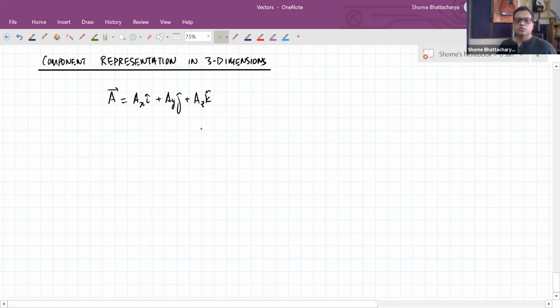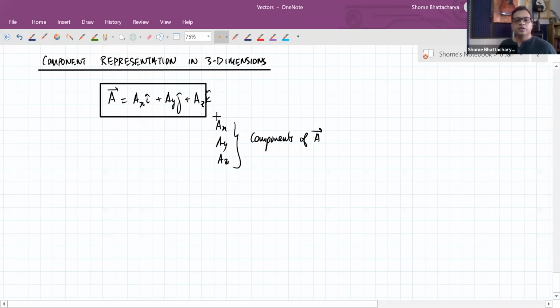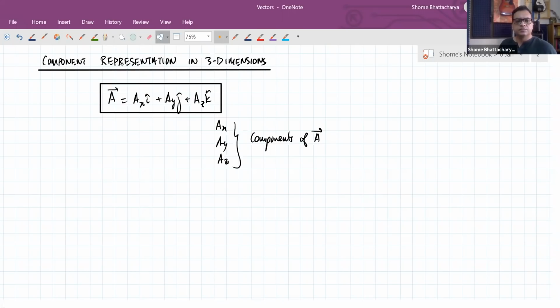Here ax, ay, and az are the components of vector A. Now, how do we visualize this, and how do we find the magnitude of this vector? How do we find the angles with the axes, etc.? That is where, as I told you, we have to visualize this.